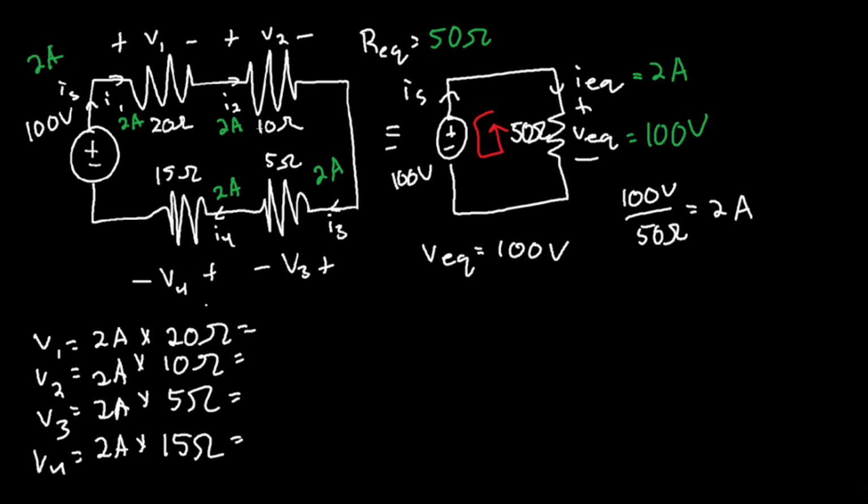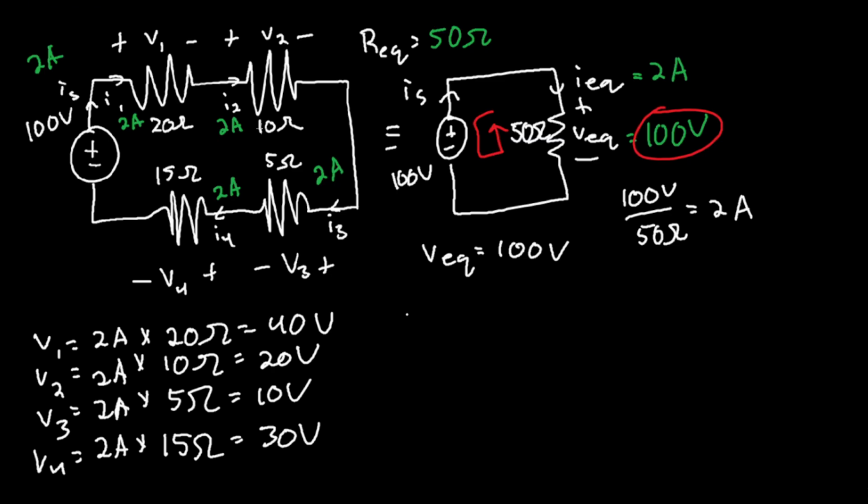All right, now that we have this, 2 times 20 is 40 volts. 2 times 10 is 20 volts. 2 times 5 is 10 volts. And 2 times 15 is 30 volts. So if we add all these, 40 plus 20 plus 10 plus 30, it'll equal 100 volts. And 100 volts is our calculated voltage drop equivalent. So this is a good check, right?